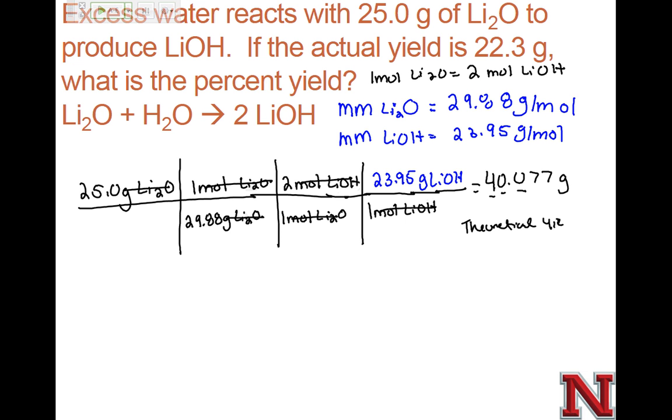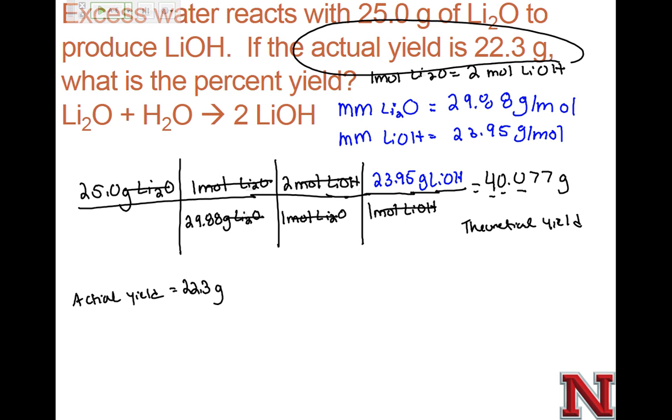We are given our actual yield in the problem. And at this time it says actual yield. So to figure out our percent yield, it's just our actual divided by our theoretical times 100.